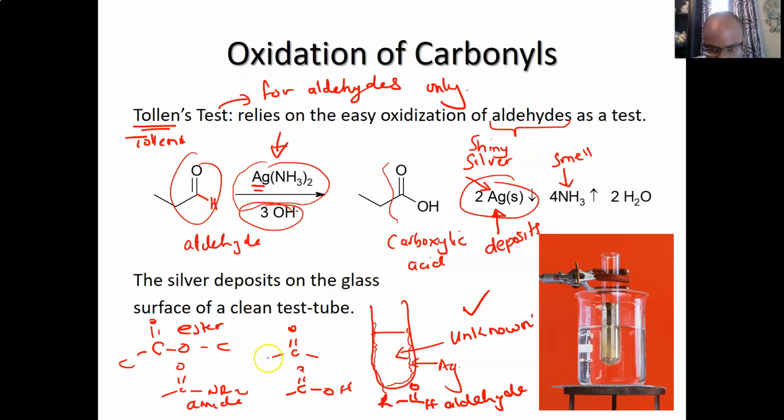If your unknown is as colorless as water, alcohol, or acetone, you can use a test. We call it qualitative analysis. You can use qualitative analysis to determine whether you do have an aldehyde.